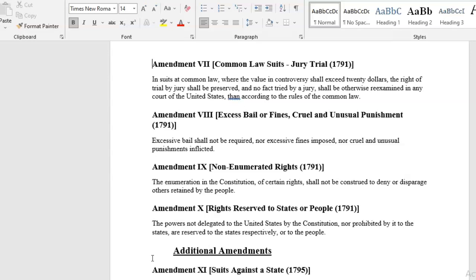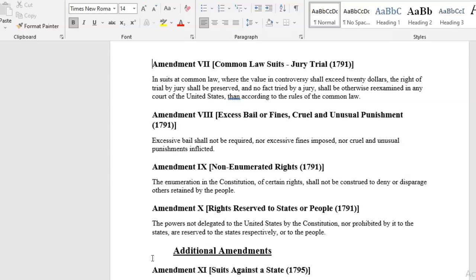For example, it doesn't say in the Constitution that I have a right to get married and have a family, but we pretty much all understand that I do. Just because it doesn't say it in the Constitution doesn't give anybody any right to deny me those rights that are not enumerated. In other words, it's just telling you, just because it doesn't say it here doesn't mean you don't retain all of your rights.